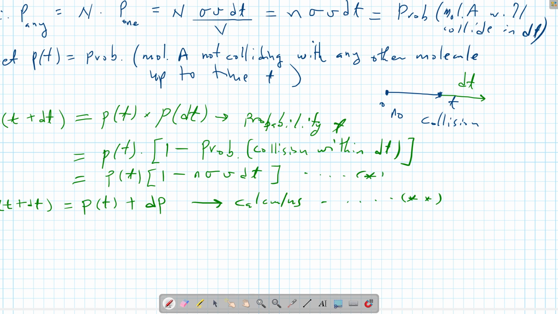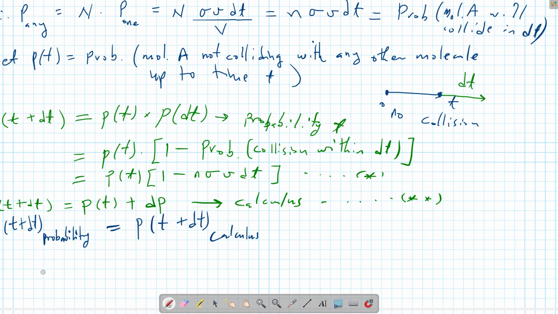So it's the same thing we are computing using two approaches. One approach is P of t plus dt using properties of probability. This has to be the same as pt plus dt using calculus features. Whichever method we choose, it's the same quantity we are computing.